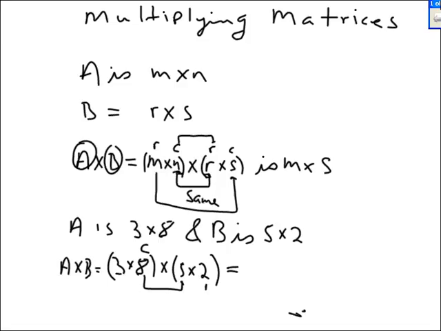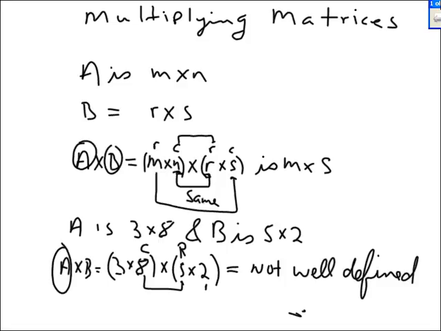Because the columns in the first matrix are not equal to the number of rows in the second matrix. This is not well defined. You cannot multiply these two matrices. So, the number of columns in the first matrix must equal the number of rows in the second matrix. That's important to know.